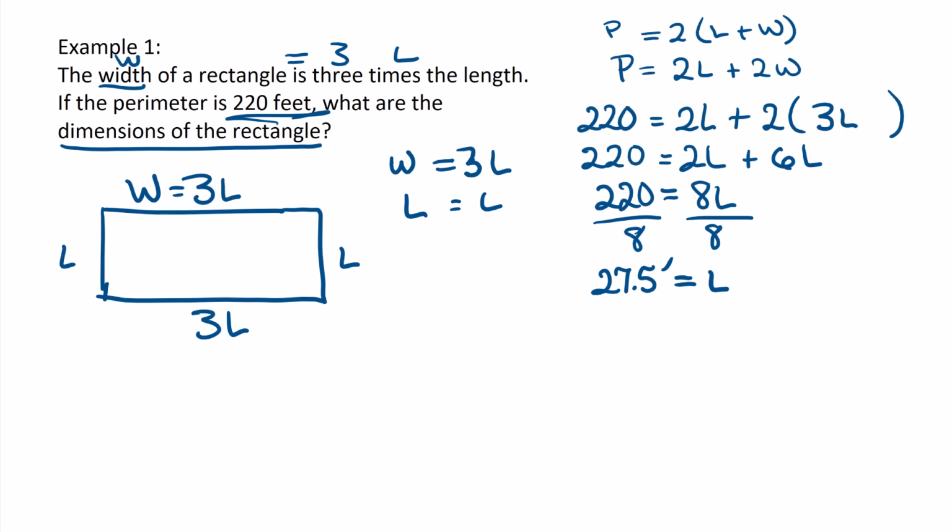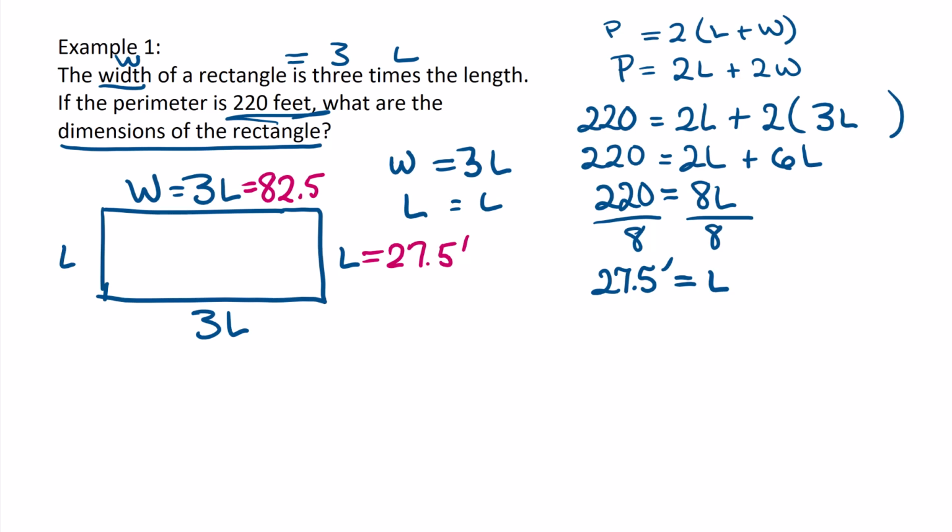I'm going to use a different color pen to identify this, 27.5 feet. And so 3L would just be 27.5 times 3. So the width is 82.5.